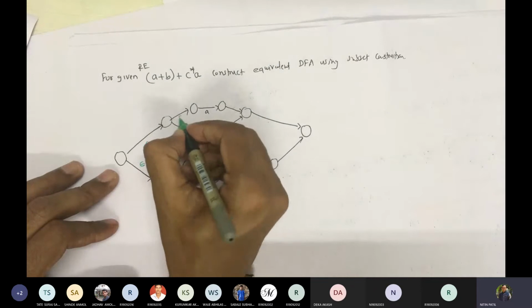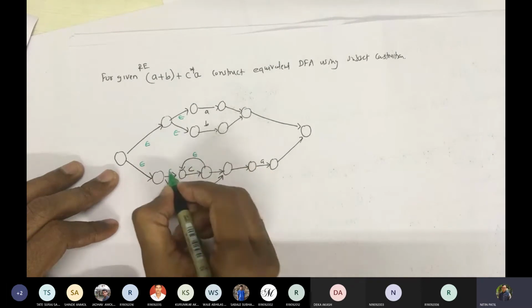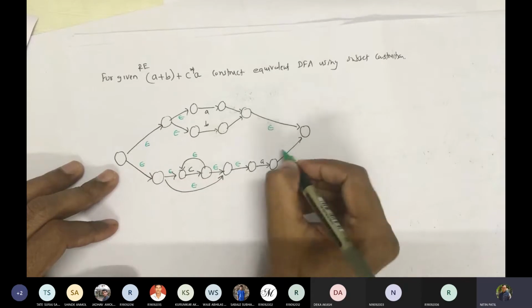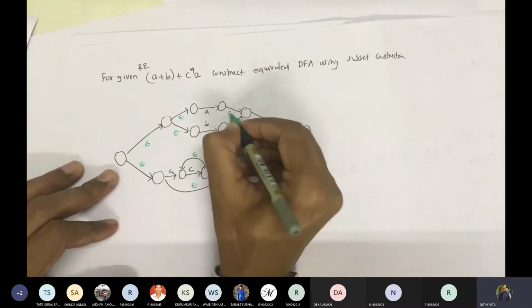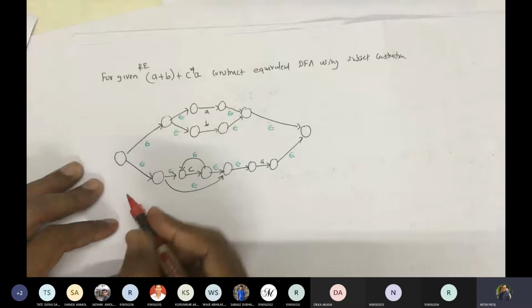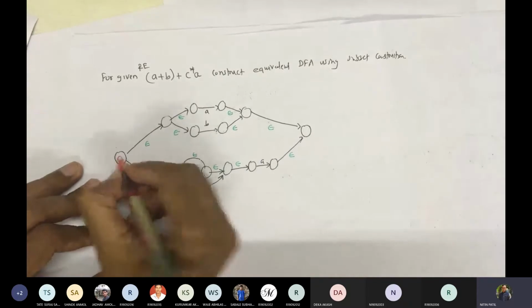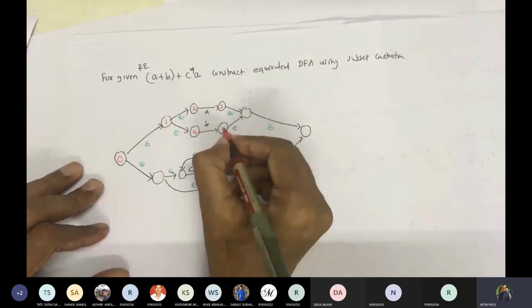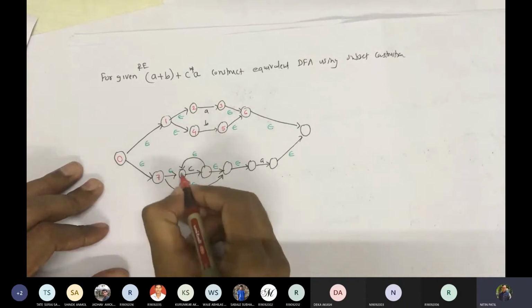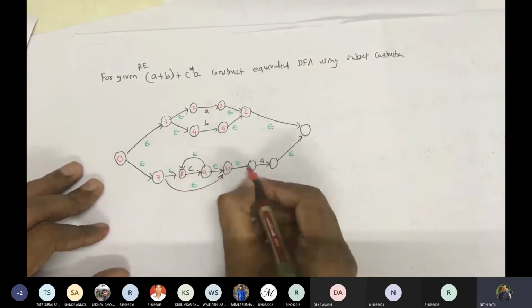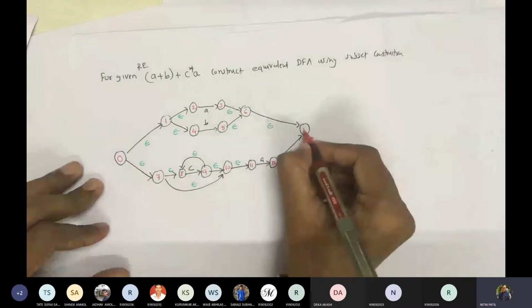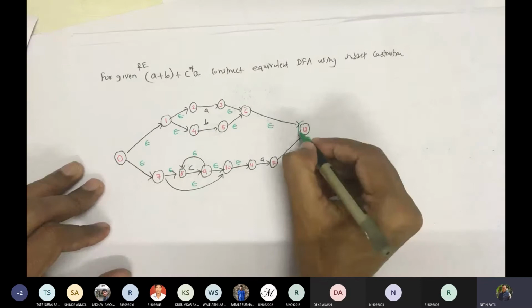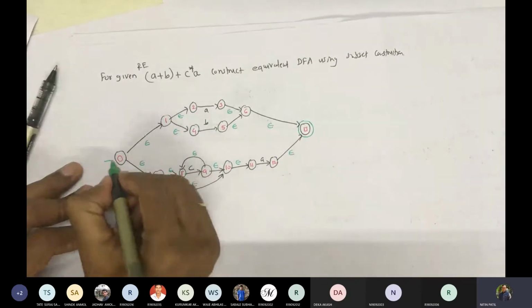We will write states 0, 1, 2, 3, 4, 5, 6, 7, 8, 9, 10, 11, 12, 13. Okay, now this is final and this is initial.